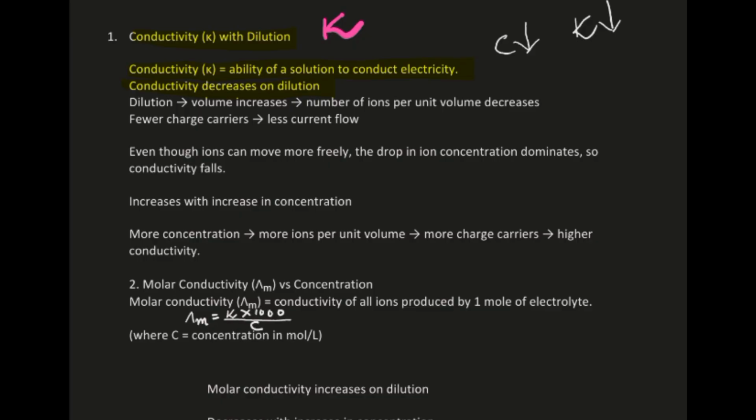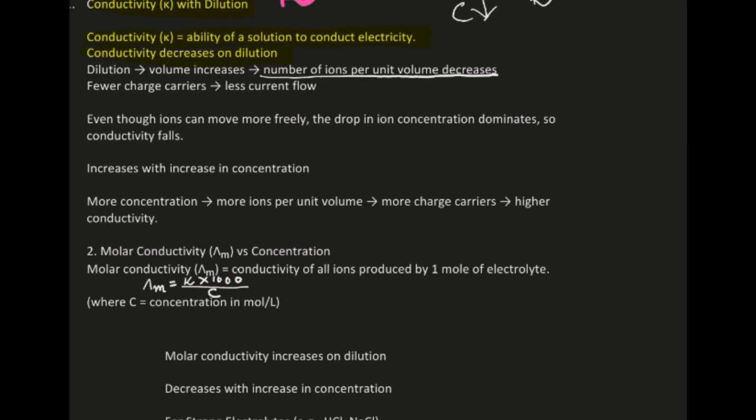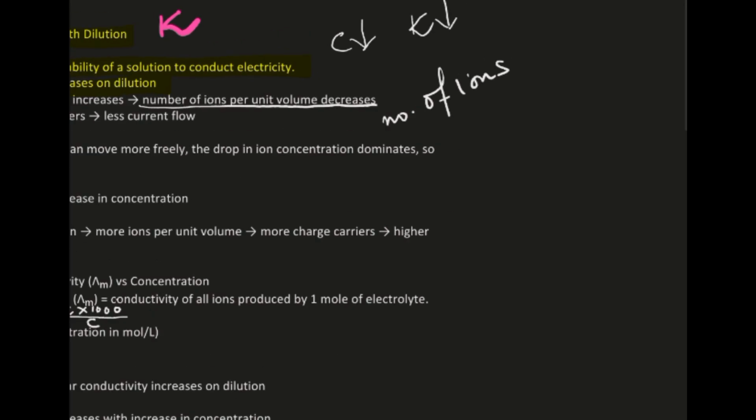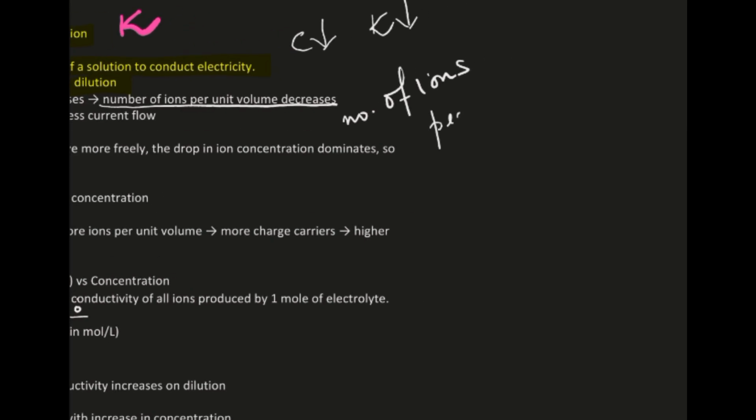But keep in mind that when I dilute, the number of ions per unit volume decreases. This is something which is very important. Number of ions per unit volume actually decreases when you undergo dilution.